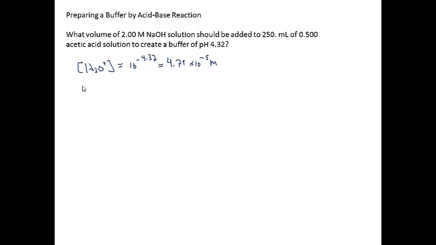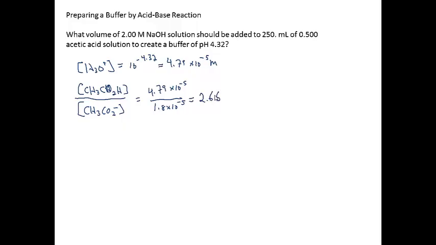And so the ratio of the concentration of acetic acid to acetate ion is going to equal the H3O+ concentration divided by the Ka, which, as we saw before, for the same pH buffer is 2.66. That means we want to have 2.66 times more acetic acid in our buffer than acetate.